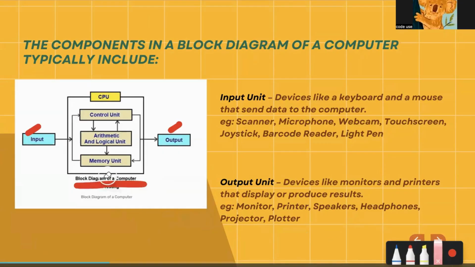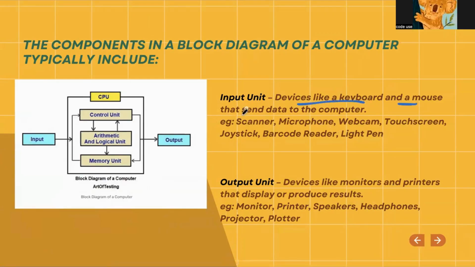In the previous diagram I showed what input devices and output devices are. It is the same thing which I've mentioned here. So input devices are nothing but devices like keyboard and mouse, which send data to the computer. And there are more examples: scanner, microphone, webcam, touchscreen, joystick, barcode reader, and light pen as well.